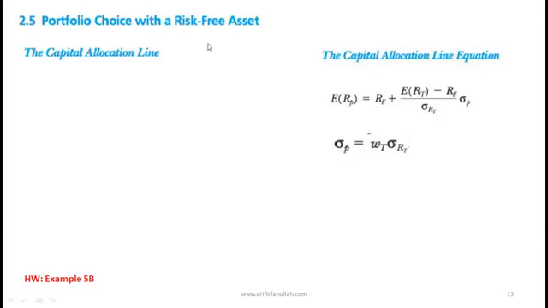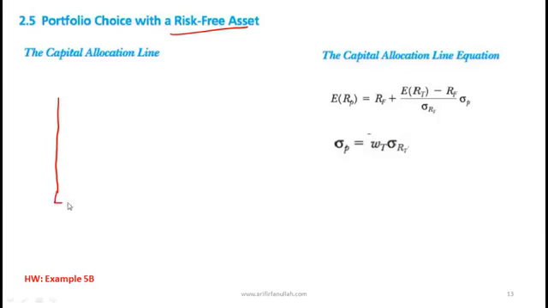Portfolio choice with a risk-free asset and the derivation of the capital allocation line. Again, we are back to a recap of level 1 material. So the way this goes is as follows.